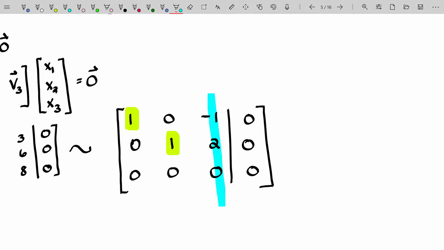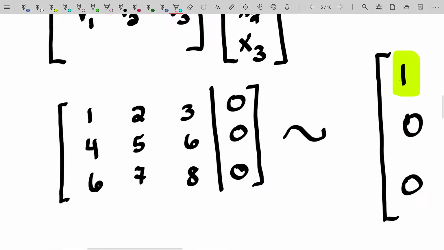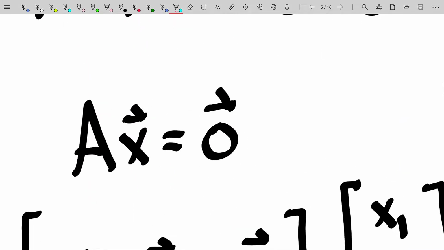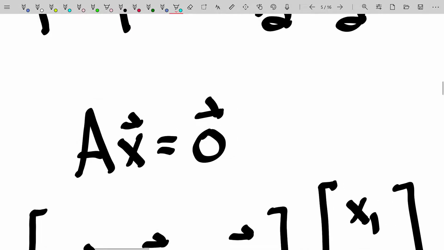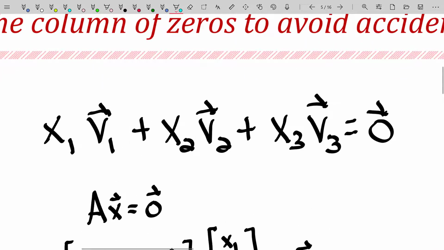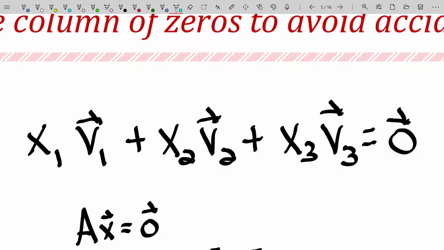That is, our original matrix, which is up here, has more than one solution. Well, we know one solution is the trivial solution, but this has more than the trivial solution.